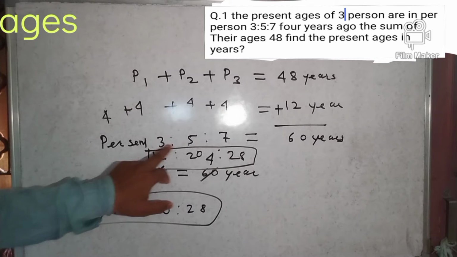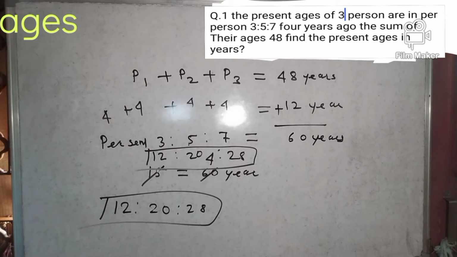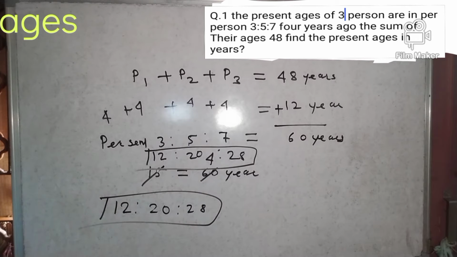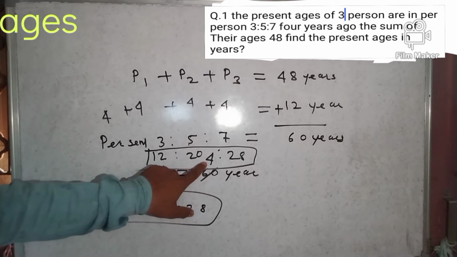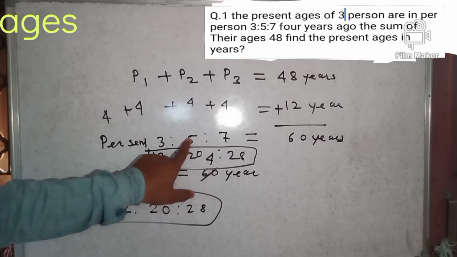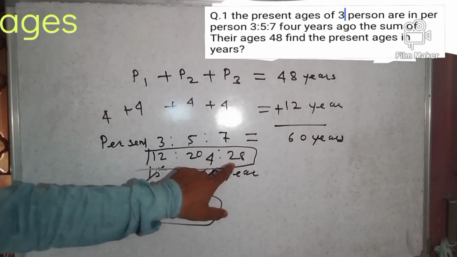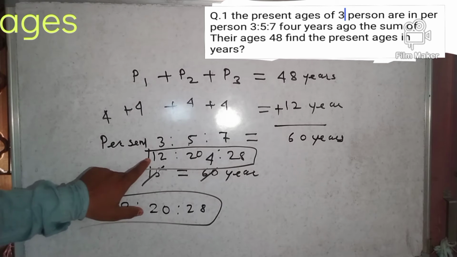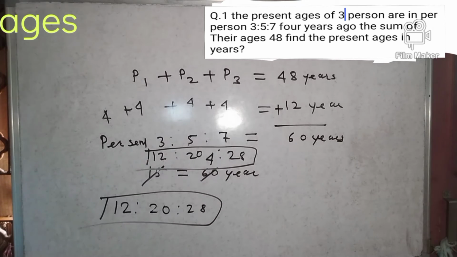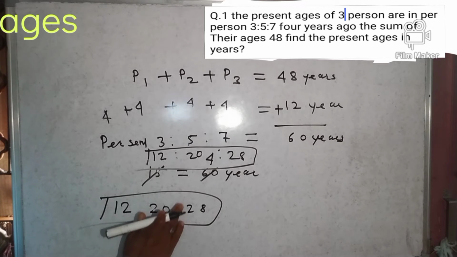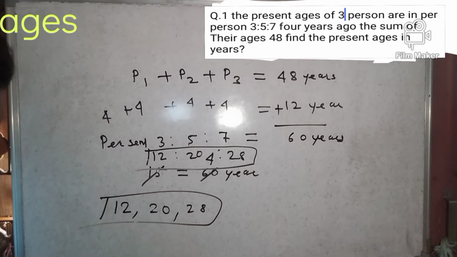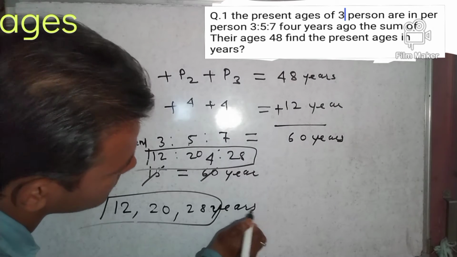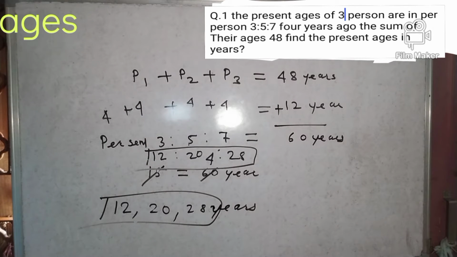Now 3 plus 5 plus 7 is 15, and 15 is equal to 60, so 1 unit is equal to 4. So 4 into 3 is 12, 4 into 5 is 20 and 4 into 7 is 28. So the present ages of the persons are 12 years, 20 years and 28 years. Let's move to question number 2.